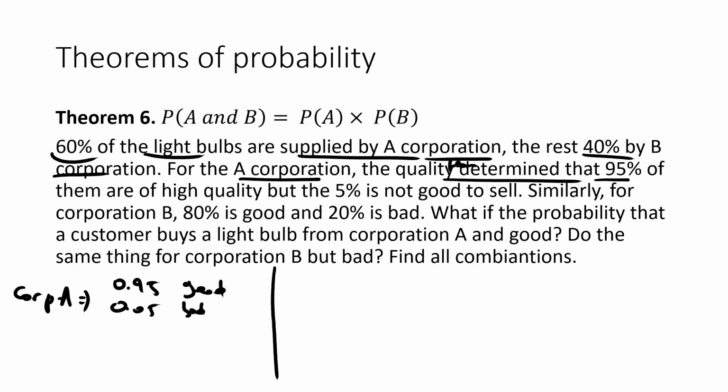Similarly, for corporation B, 80% is good. If I go for corporation B, 0.8 is good, and then 0.2 is bad.